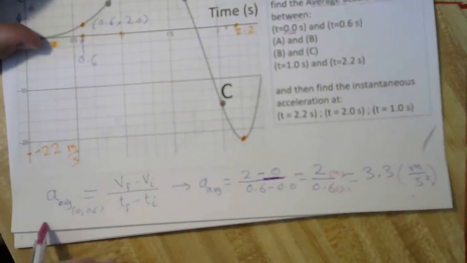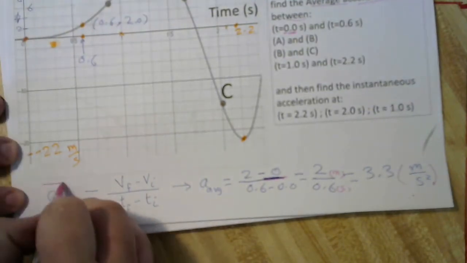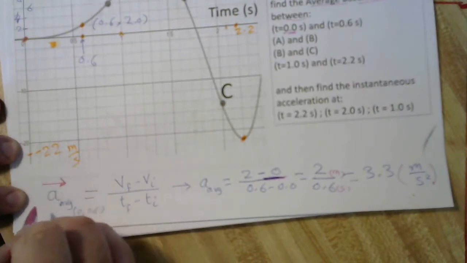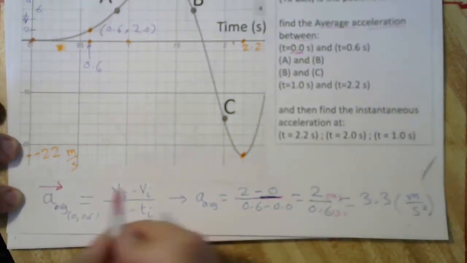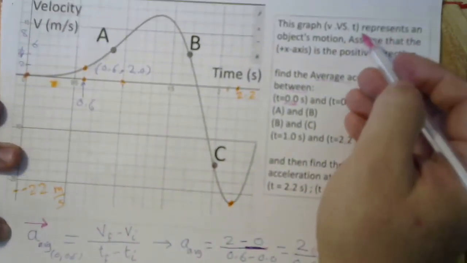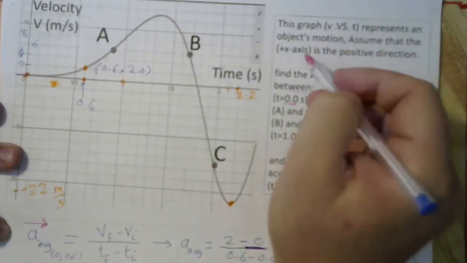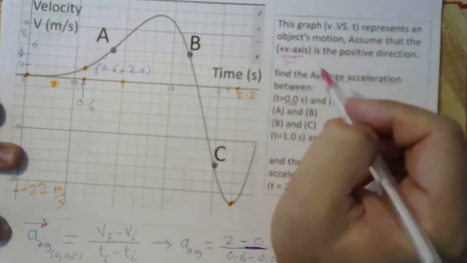Now the acceleration is a vector, so I need to use the vector sign over the acceleration. What is the direction of this vector? I told you before, the positive direction is along the positive x axis.